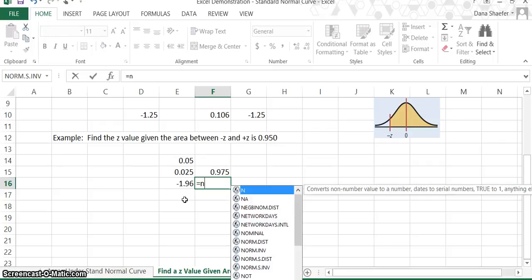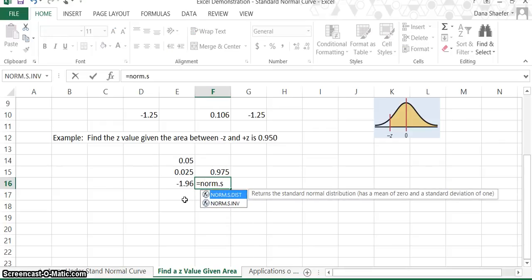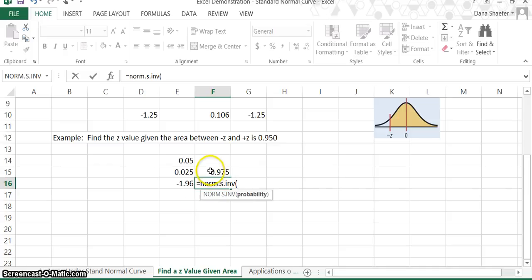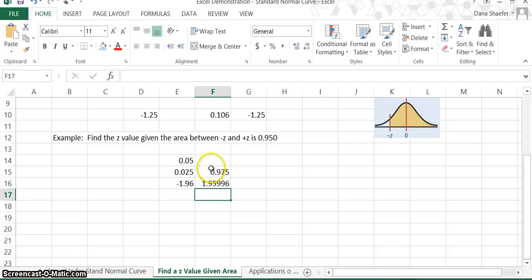So equals NORM.S.INV and then let's fix the rounding. So it's exactly what we thought. On the other side, the z-value is 1.96. So our z-value is 1.96, one of them being a negative 1.96 and the other one being a positive 1.96.